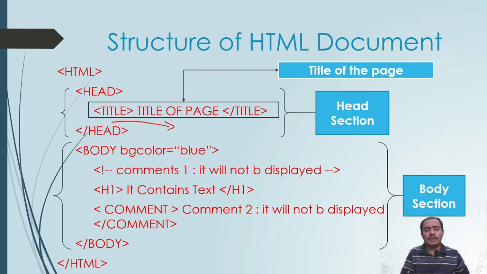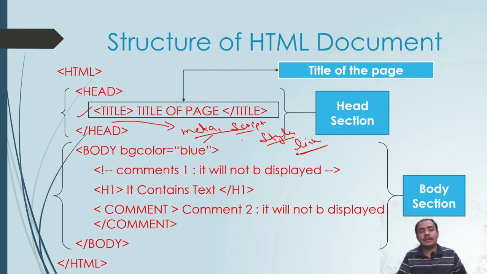We can write the title, and we can insert some elements like meta, script, style, and link. Fine. So we only have these 5 elements which are used inside the head tag: the title tag, meta tag, script tag, style tag, and link tag.